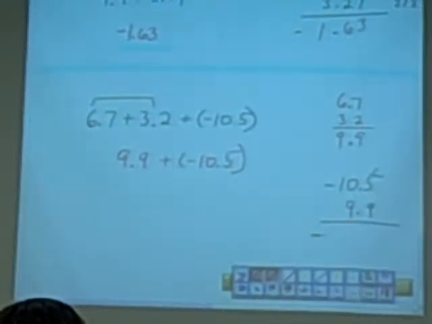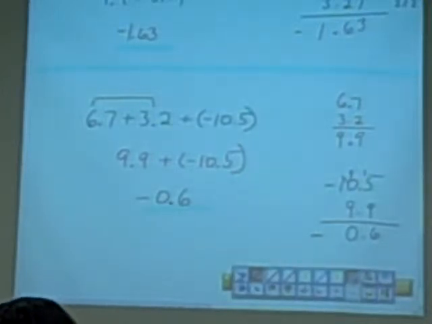So we need to borrow, right? So that'll be 9, 10. So that's 15 minus 9, 6, right. And then 9 minus 9, so that'll be 0. So our answer is going to be a negative 0.6.